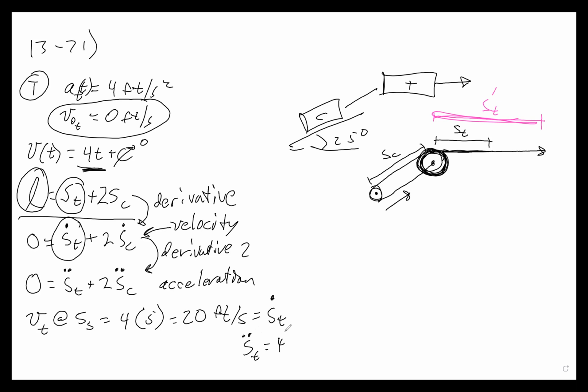Now we can learn some things about the car, because we know that 0 is equal to S sub t dot plus 2S sub c dot.